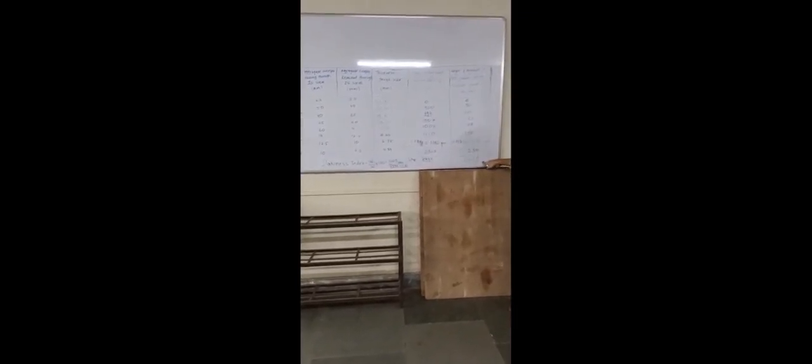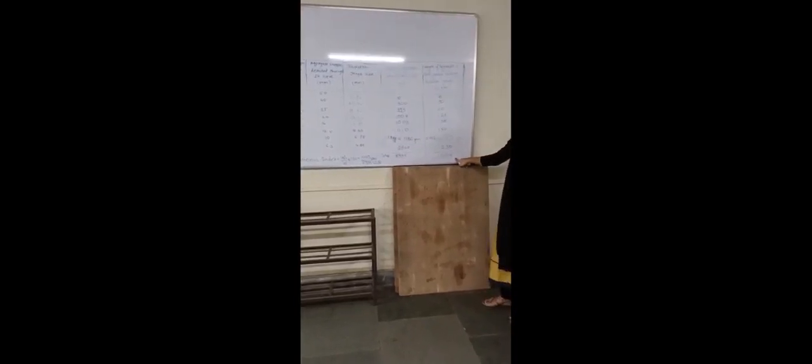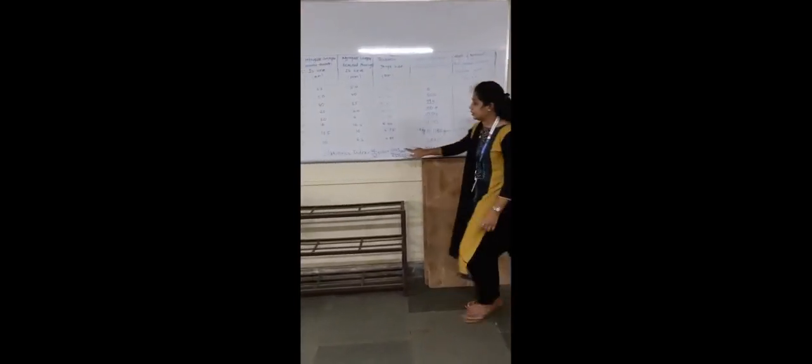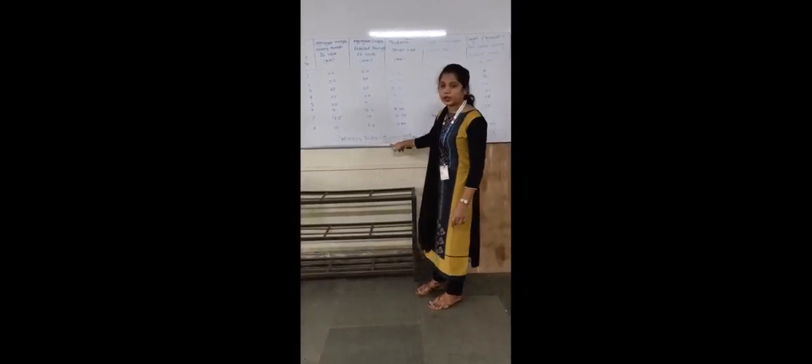Here also we have to add each and every reading, and then the flakiness index formula is W1 upon W. W1 is 1009. Therefore 1009 divided by 8995, that is the total of W, multiplied by 100. Whatever value we get is the flakiness index in percentage. That is 11.2.